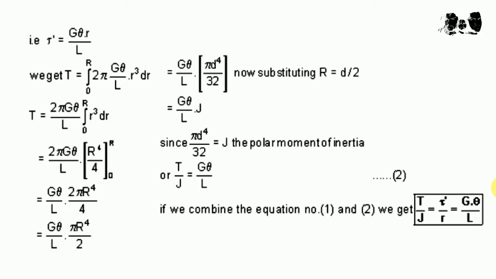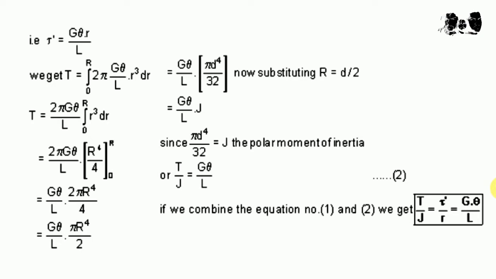We're going to find the comparison between a solid shaft and a hollow shaft of circular section. We easily find the first difference between these two shafts is the diameter.